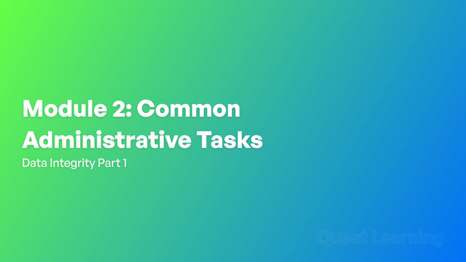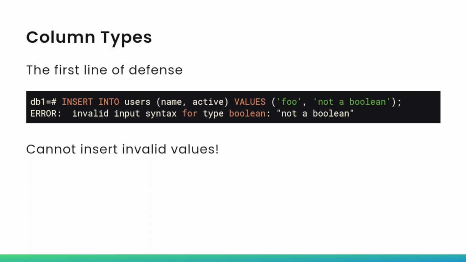So let's start with the first line of defense. That's the column types. We already used column types. If you recall our users table, we had an active column, and we defined this column as Boolean. So if, for example, we try to insert a user called Sue with value "not a Boolean" for a Boolean field, we are going to get an error from Postgres saying that "not a Boolean" is not a valid input for Boolean.